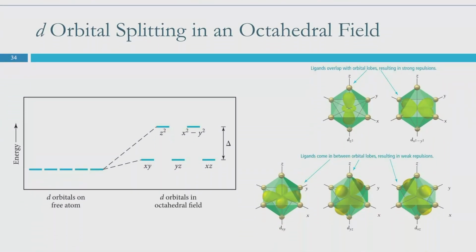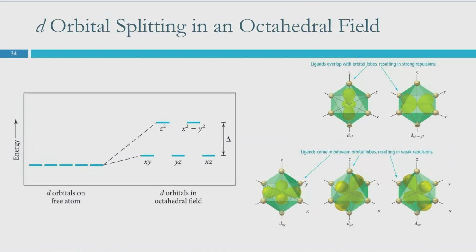And visually, here's what that looks like. So we've got an energy diagram in our box over here. We've got our energy increasing as we move up along this y-axis, and we've got the d orbitals on the free atom, so with no ligands, and the d orbitals in the octahedral field with 6 ligands.